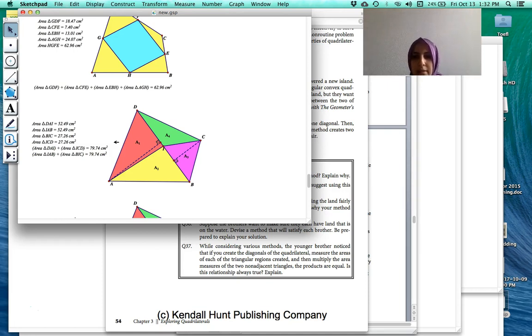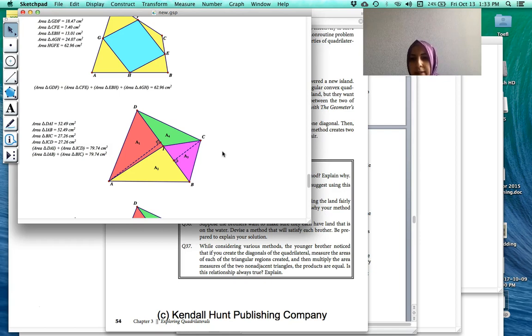For these reasons, in triangle ABD, the areas of triangle AID, A1, and triangle AIB, A2, are equal since they also have congruent heights. Similarly, the areas of triangles BCI, A3, and CID, A4, are equal. Thus we have A1 equals A2 and A3 equals A4.